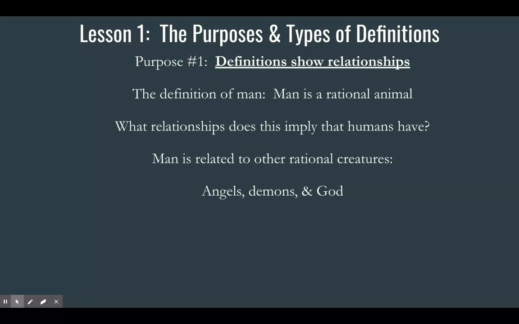So if I define man as a rational animal, I'm showing that we have a relationship to other rational creatures, angels, demons, and God, but also that man is related to other animals, walruses, kittens, and eagles, right? So as a human being, I have a relationship with God because I'm rational like God, but I'm also an animal like walruses, kittens, and eagles. I'm a creature of God. And so when I define things like this, I'm showing the relationships that exist.